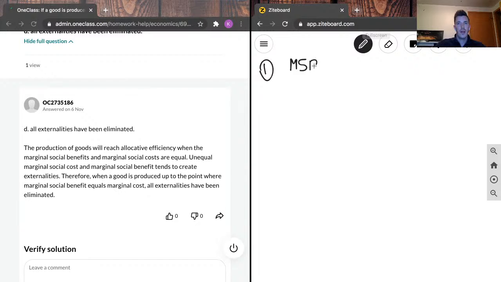One is when our marginal social benefit is greater than our marginal social cost. It's going to mean we have a positive externality.